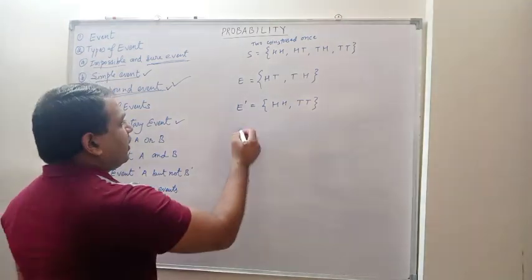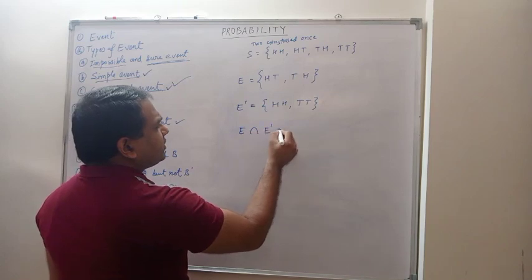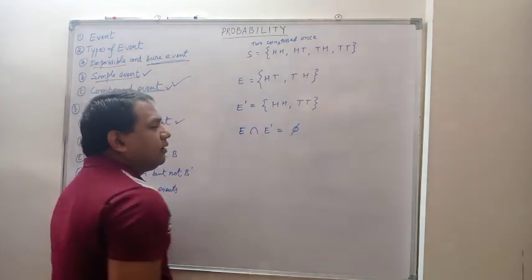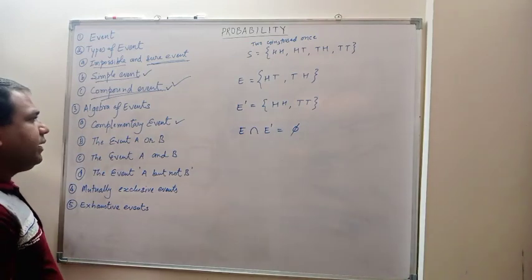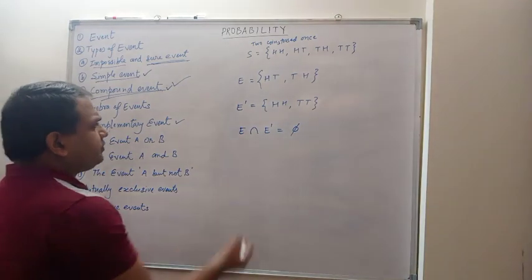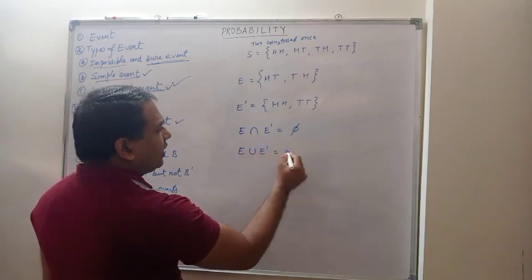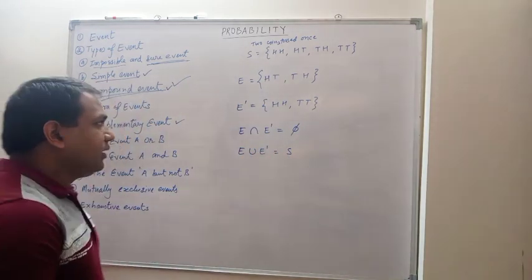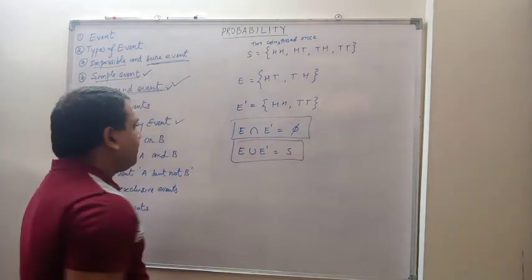That means if I find E intersection E dash, I will definitely get a null set phi. So this is the complementary event. And E union E dash will give the sample space S. These two results one should remember.